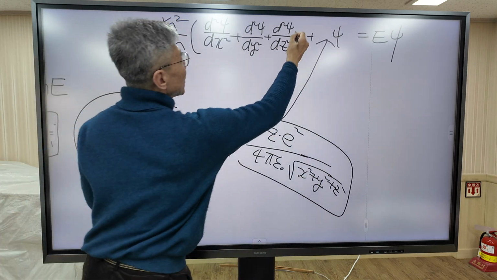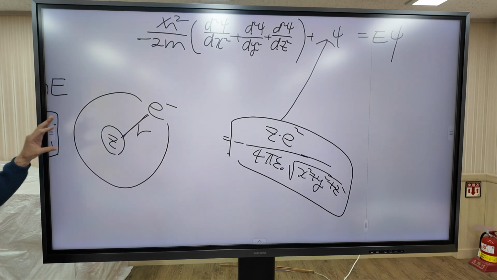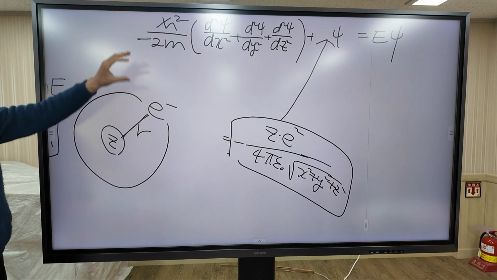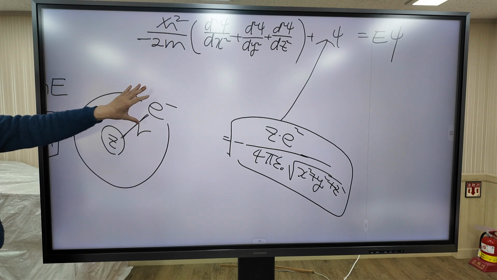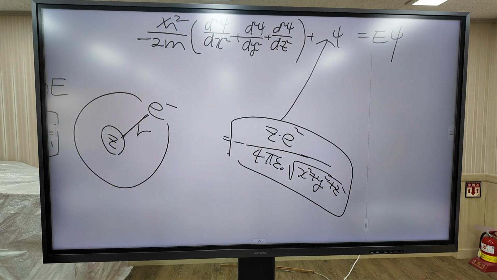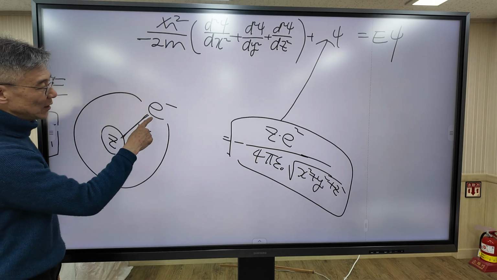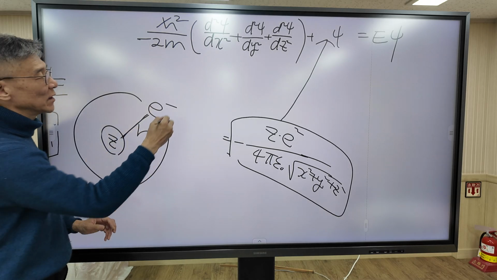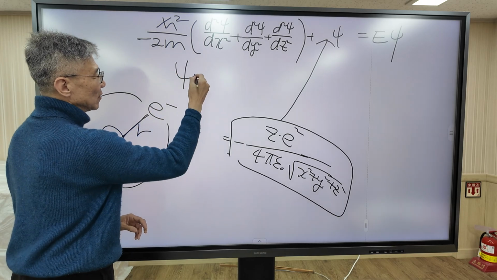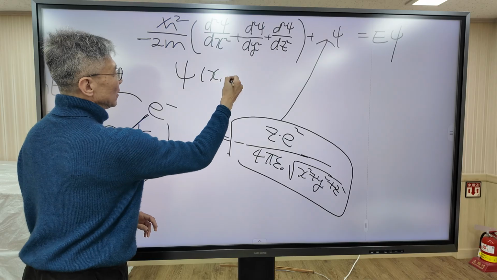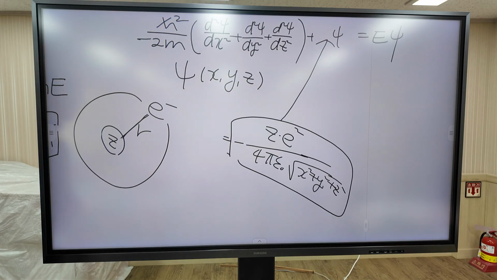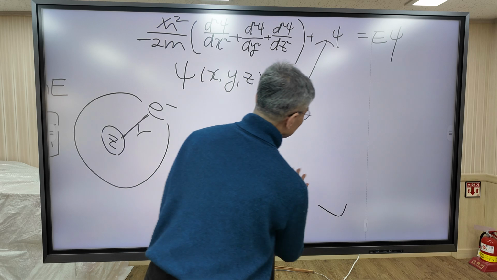This is the Schrödinger equation for the hydrogen atom. So we must solve this Schrödinger equation to obtain the wave function for the hydrogen atom. And the electron moves in three-dimensional space. The mathematical form of the hydrogen orbital looks like this. It depends on x, y, z variables because it moves in three-dimensional space.